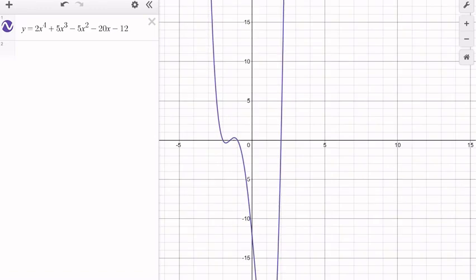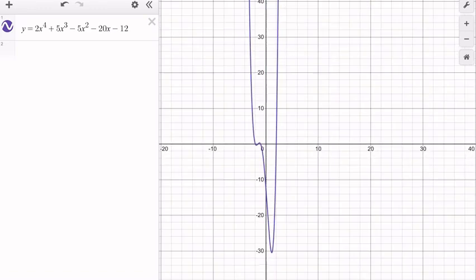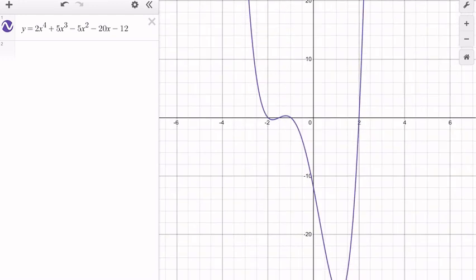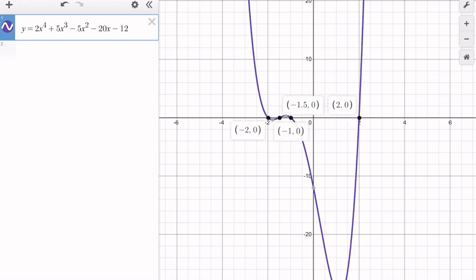So if we take a look here, as you can see, we have our x-intercepts that we found. You can also see that we start in quad 2, end up in quad 1, which makes sense because to the degree 4, we have a leading coefficient that is positive. We have a local minimum here.